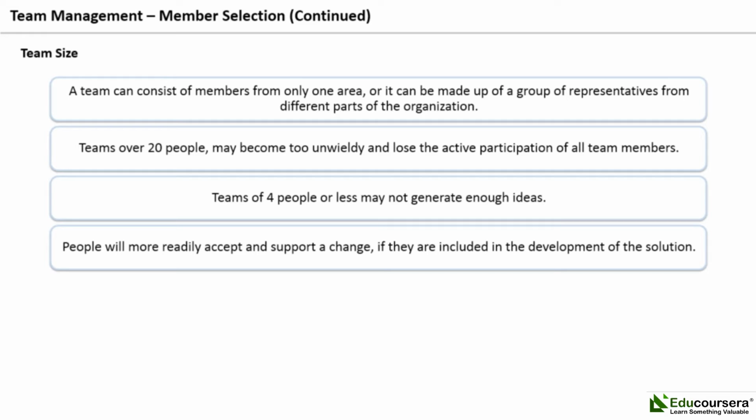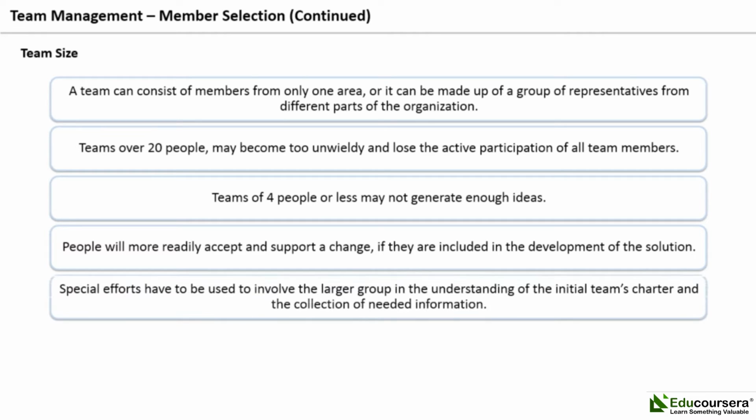This is not a trivial matter in large organisations that may have several hundred people actively supporting a work process. Extending the group to customers of the process generates an even larger group of people whose collective buy-in is needed to ensure successful change. Special efforts have to be used to involve the larger group in the understanding of the initial team's charter and the collection of needed information.